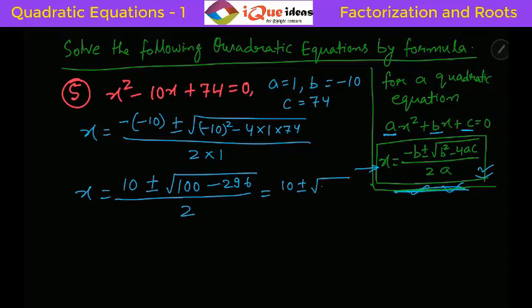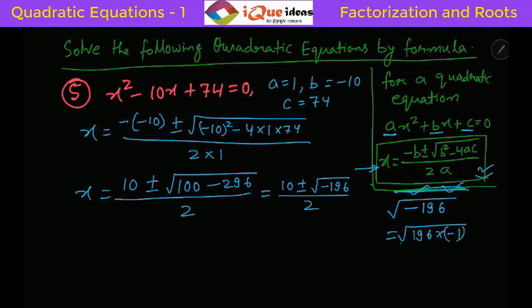So it is square root of minus 196. Oh, that means this is square root of negative number. So it has to be an imaginary number, right? So what we can do is we can take it as root of minus 196. We can take it as square root of 196 into minus 1.